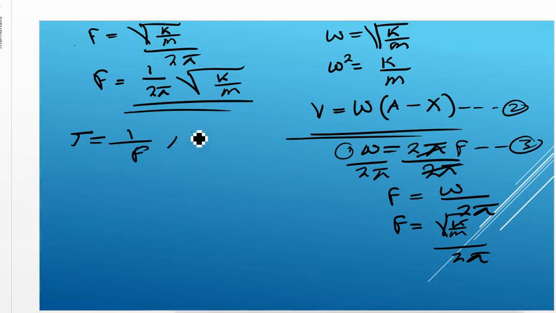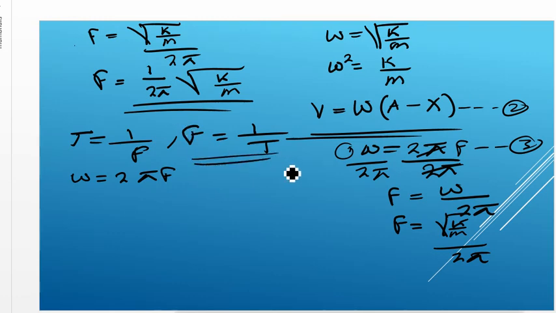And at the same time, frequency is equal to 1 over the period. Now, remember that omega is equal to 2 pi frequency, but we know that the frequency is equal to 1 over t, so where there is frequency we can put 1 over t.